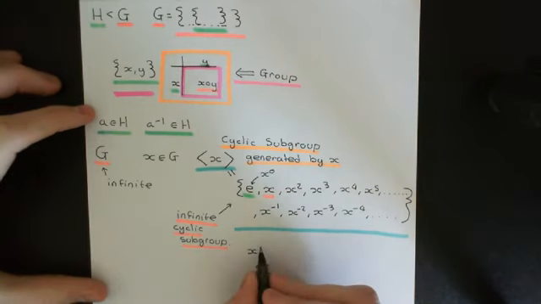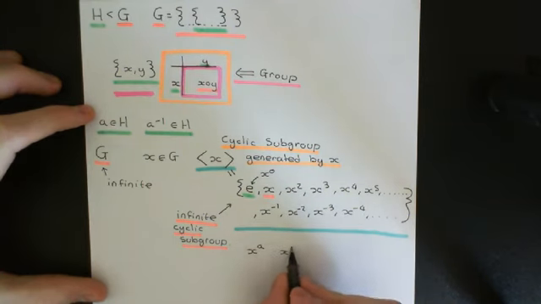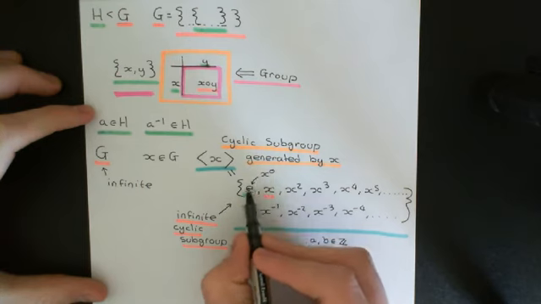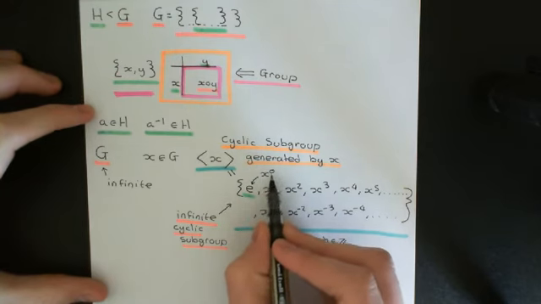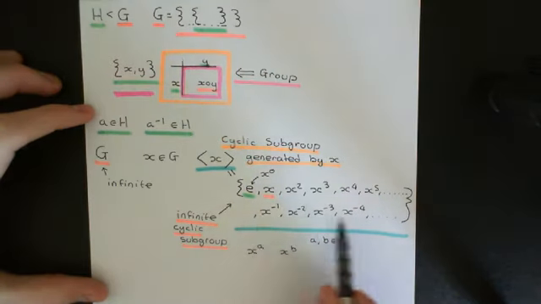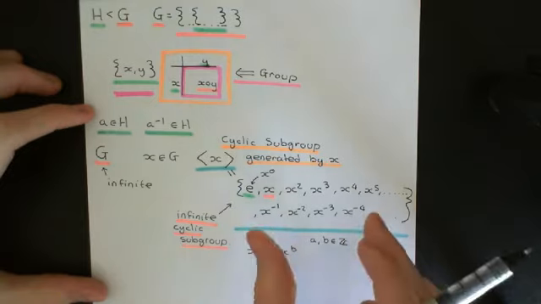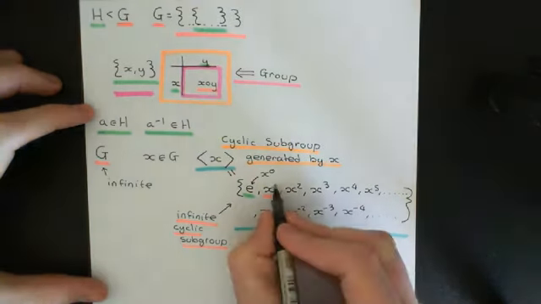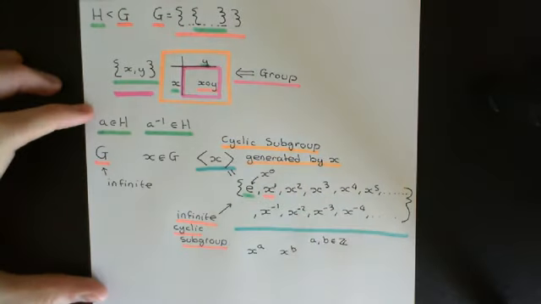Arbitrary elements of this set we can express as x to the power of a and x to the power of b, where a and b are integers, and this is where it becomes very helpful to relabel the identity element as x to the power of 0. Then we can express all of these elements as x to the power of some integer, if we make x here x to the power of 1 as well.